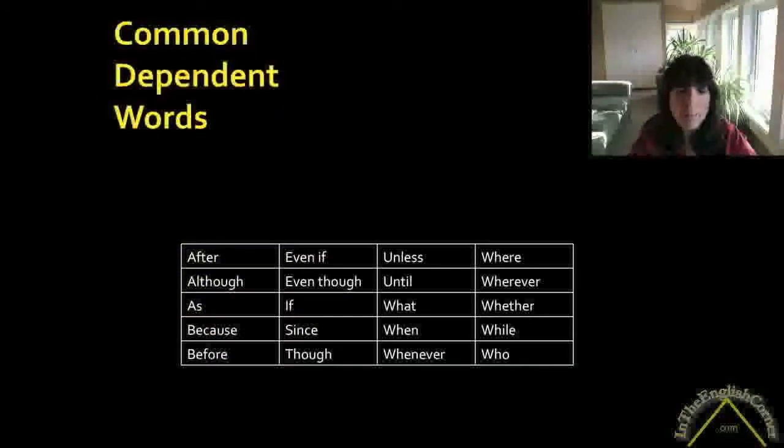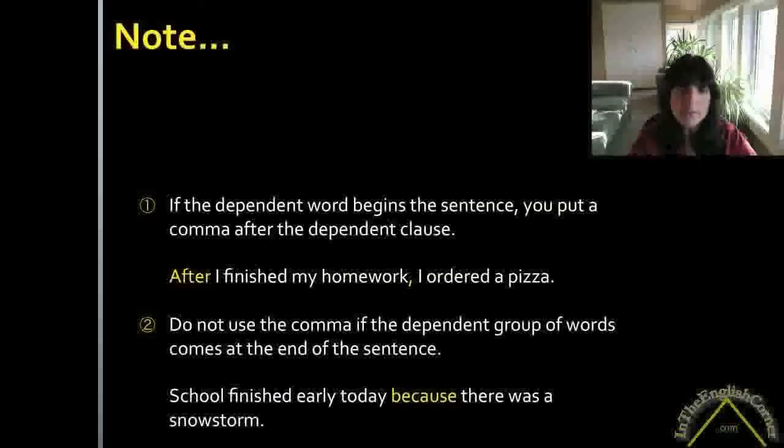Take a look at these common dependent words. Be careful when you start a sentence with any of these dependent words that you do complete your ideas. Note that if the dependent word begins the sentence, you put a comma after the dependent clause. In this example, after I finished my homework, comma, I ordered a pizza.